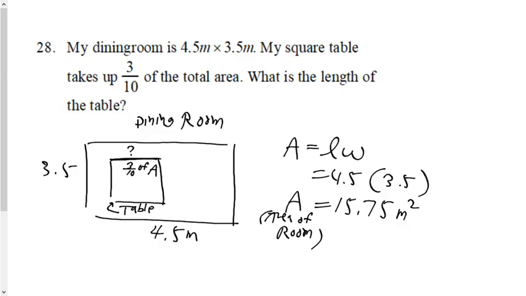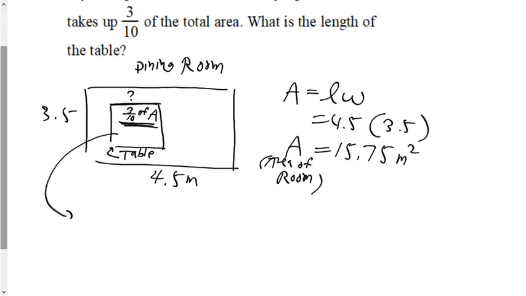Now, step one is that. Step two is I don't know the area of the table, but I do know this fact about it, that it's 3/10 of the total area of the room, because it told me that. So really, if I bring down a little arrow here and say the table's area is 3/10 of the room area, if I write it in word form first just to get my head around it, I'm like, oh, I can do this.